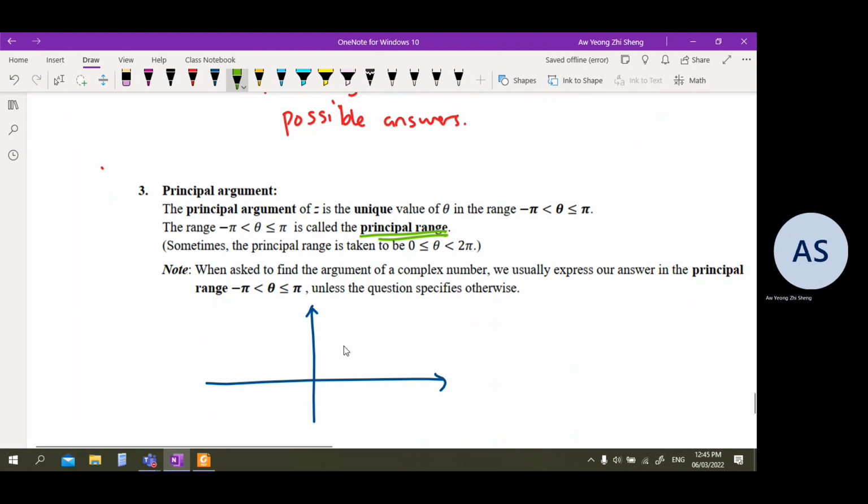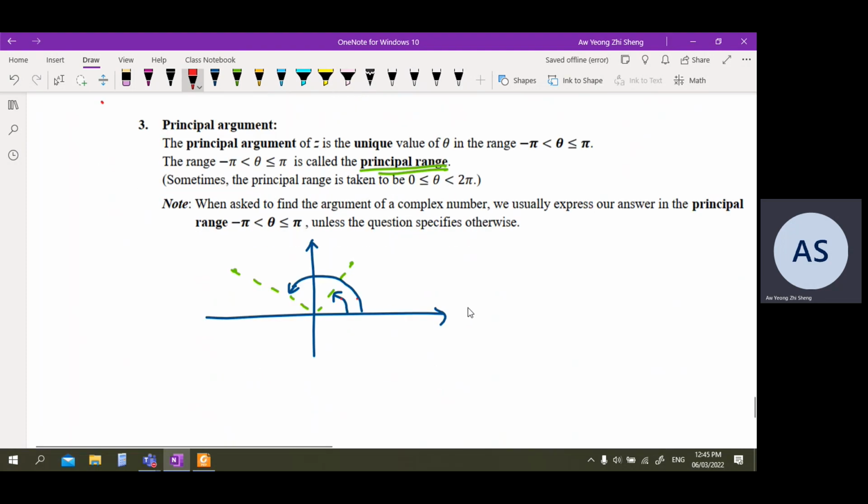And so that means that if you have a point either in quadrant 1 or quadrant 2, then the way to obtain the argument, you're going to take the positive angle, so that your angle is somewhere from 0 to pi. Remember that 180 degrees is pi, so both of these angles are less than 180, so they fall in the principal range.